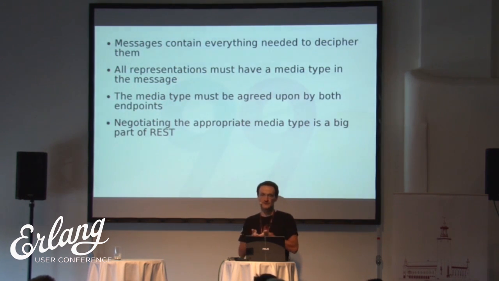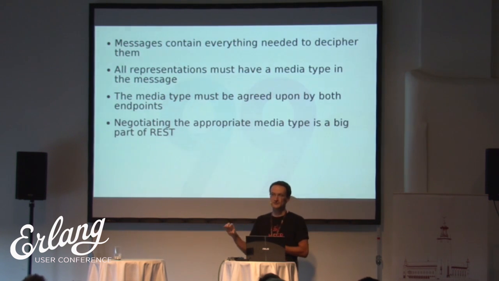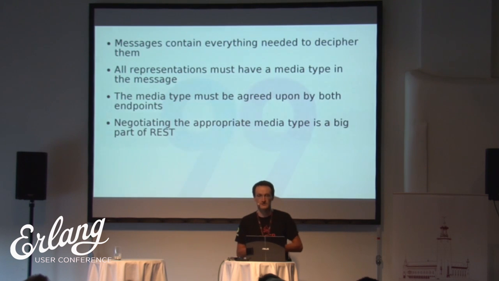So if you have a REST API that has some documentation telling you if you query this URI, you will get data sent as JSON, for example, using this particular structure, and it sends you JSON, then this isn't a REST API. It's missing something in the message.